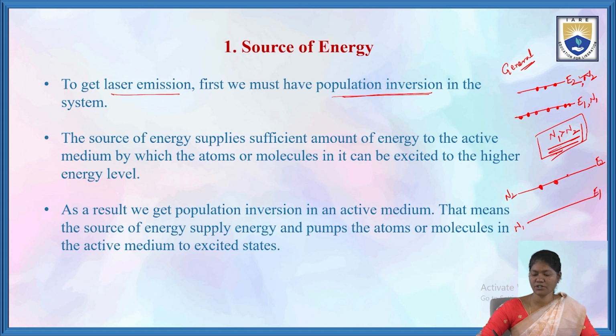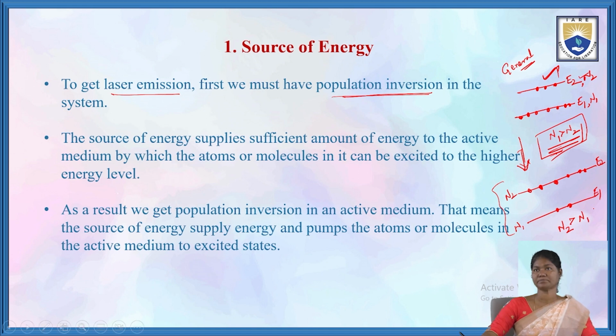We want to go from this situation to this situation. When seeing this diagram, we can easily identify that more atoms are in the higher energy level. So the number of atoms in the higher energy level is greater than the number of atoms in the lower energy level.